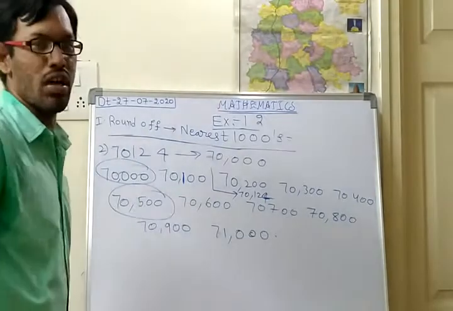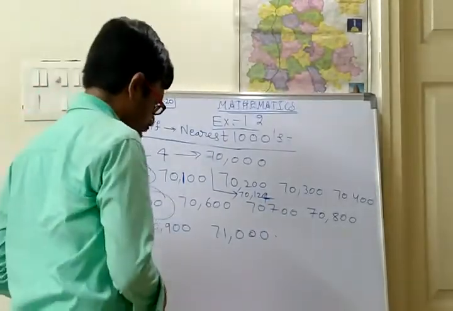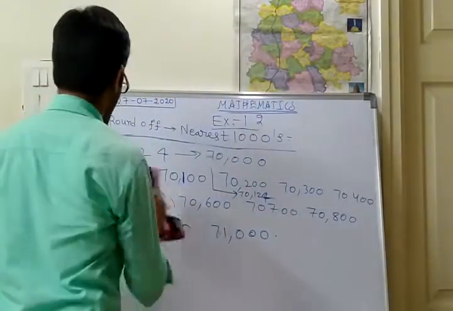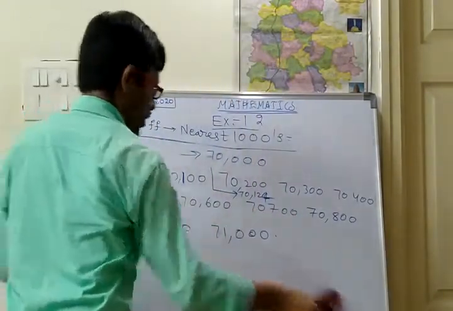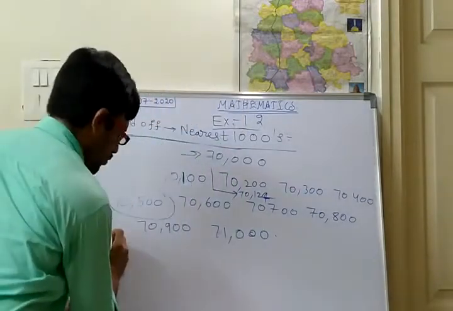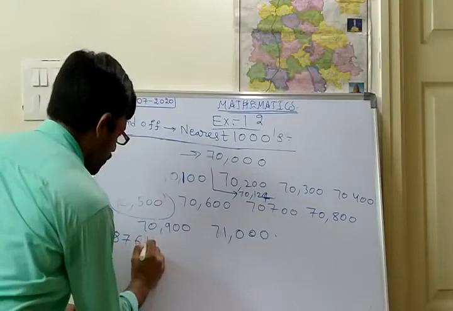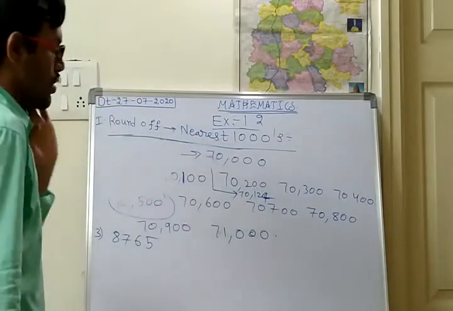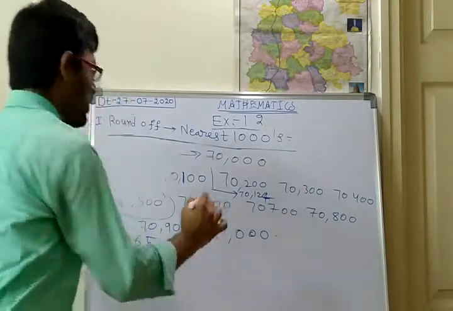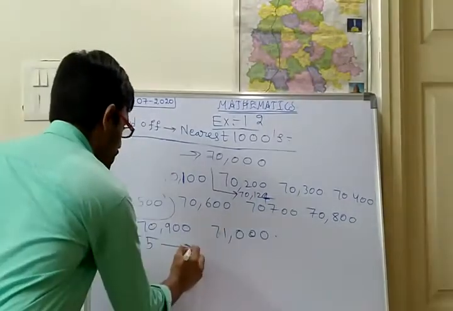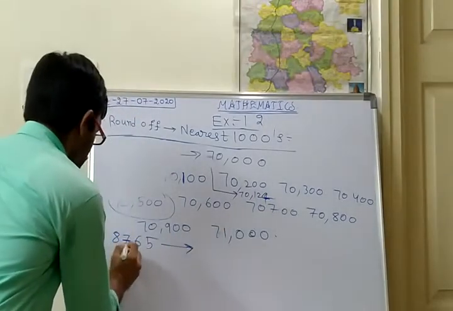One more problem we shall see for your understanding. What is the third one? 8765. For this number you should identify the nearest thousand. What is in the thousands place? 8 is there.